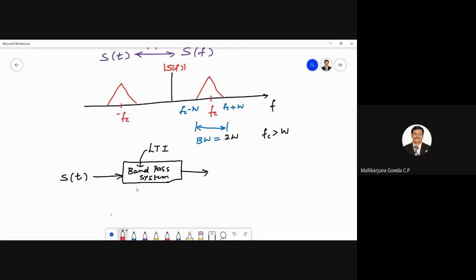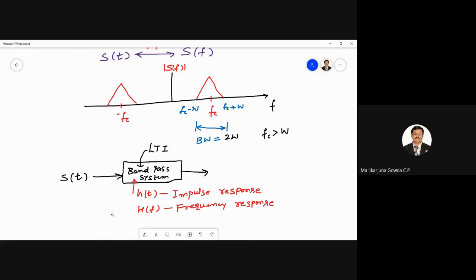I can represent the impulse response of this bandpass system by h of t, and its frequency response will be h of f. All know these conventions.